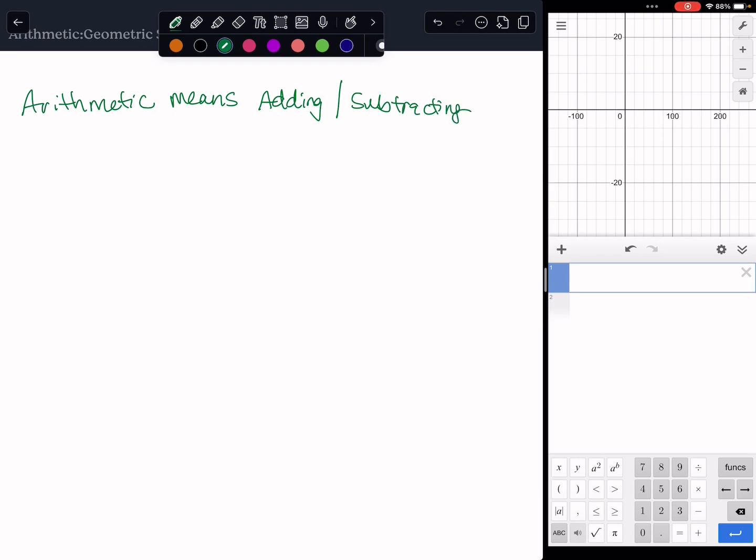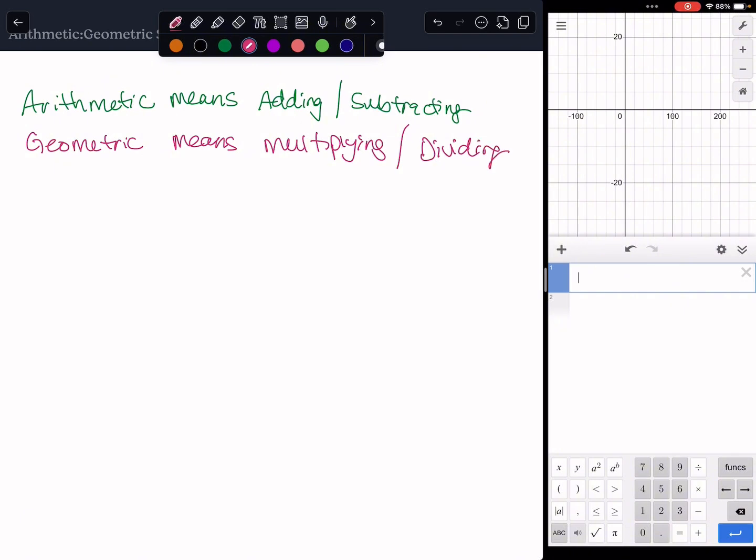When we get to geometric, that means we are multiplying or we're dividing.